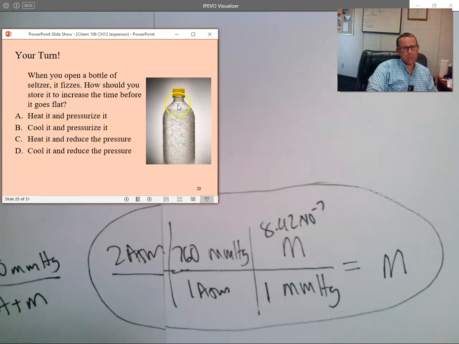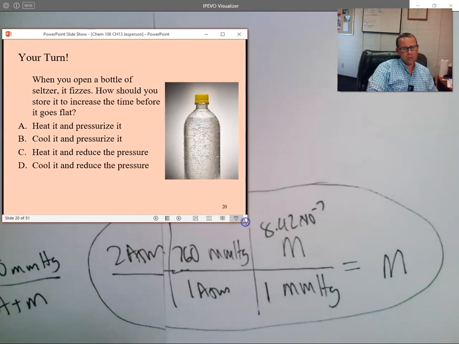Very good. We know that the higher the pressure you have here, the more will dissolve, and then cooling it also increases the pressure. I don't know if you guys have ever had a tank of carbon dioxide in your kitchen, but sometimes we do that.